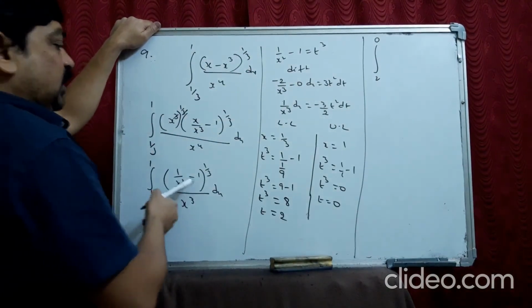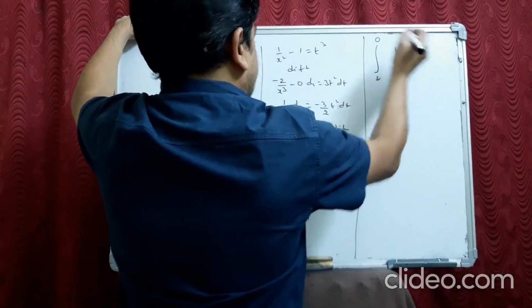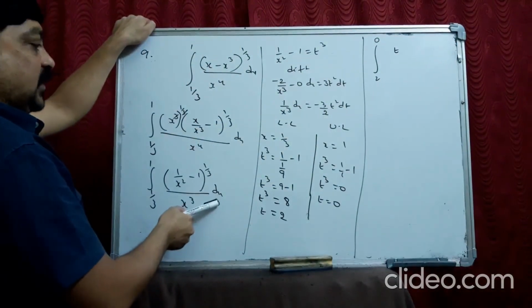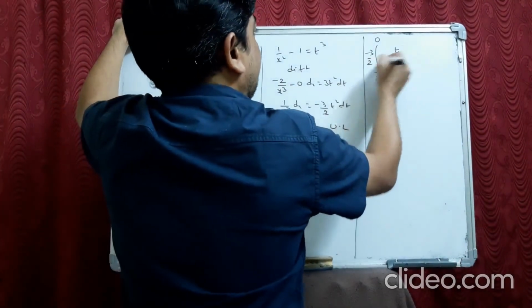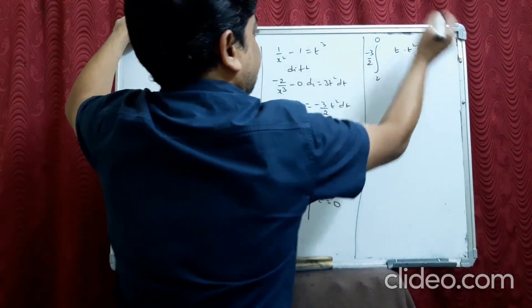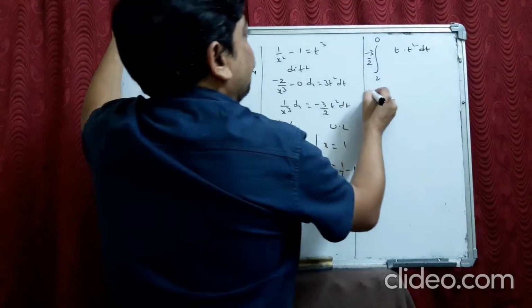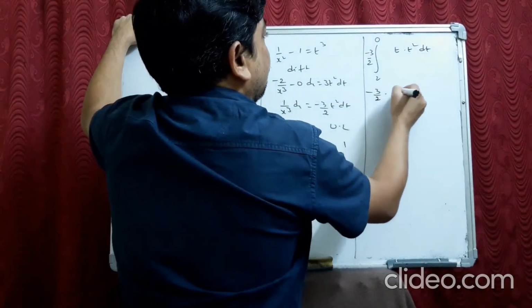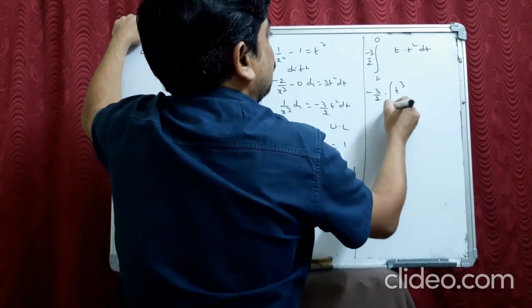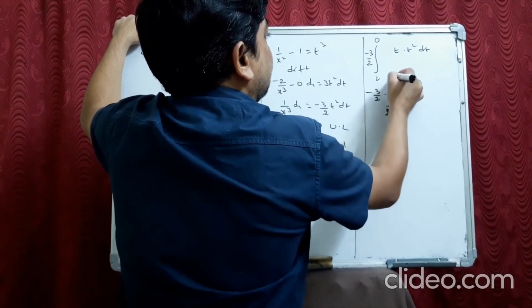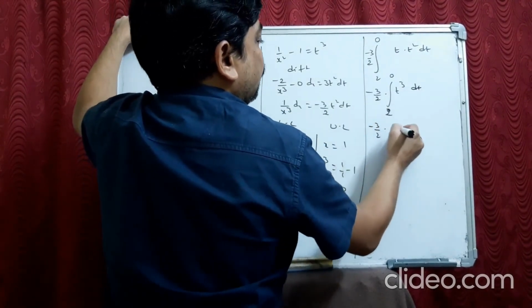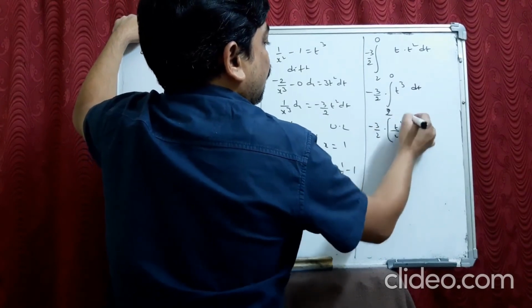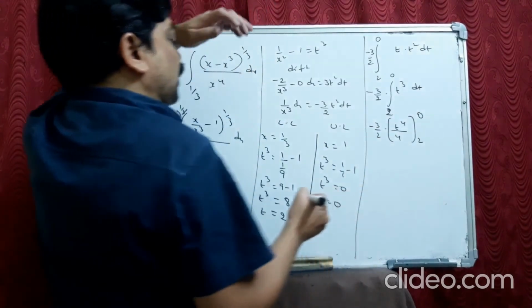This becomes t cube power 1 by 3 becomes t, and 1 by x cube dx becomes minus 3 by 2 t square dt. So finally minus 3 by 2, it becomes t cube integration 2 to 0 dt. So minus 3 by 2, it becomes t power 4 by 4 from 2 to 0.